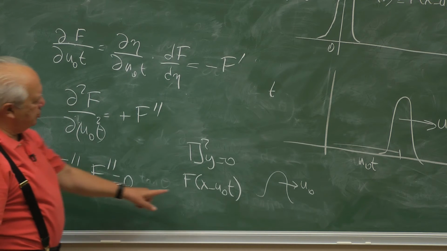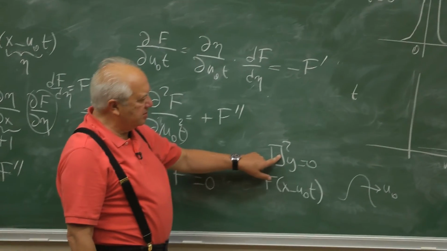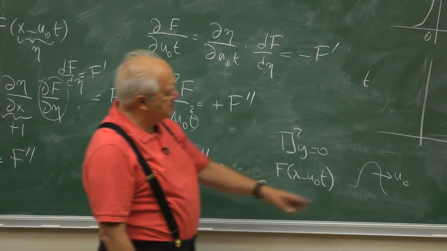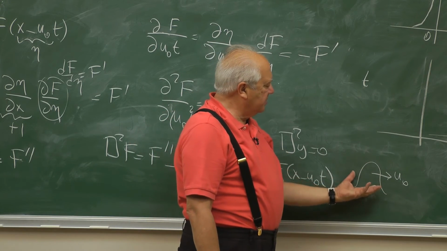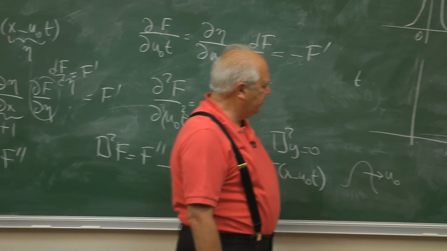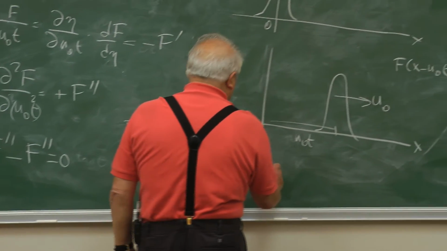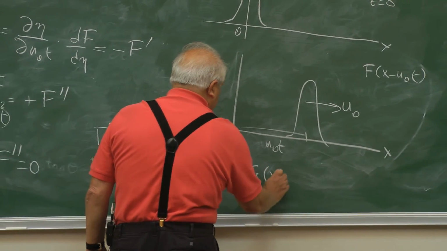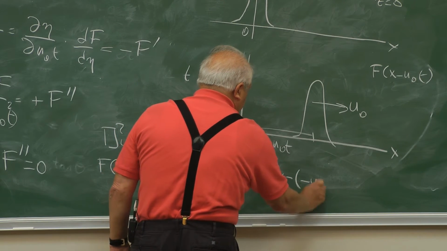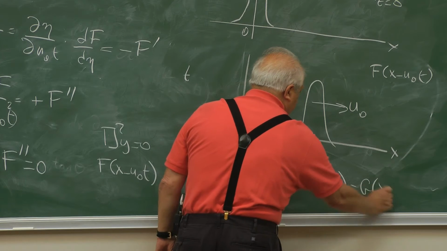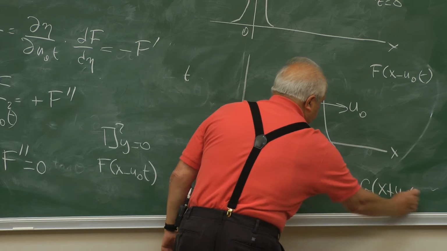Now, this is one solution, but this is a second order partial differential equation, and we need another solution. Obviously, that's another wave that is moving to the left with u0. So what can that be? g(x plus u0t).